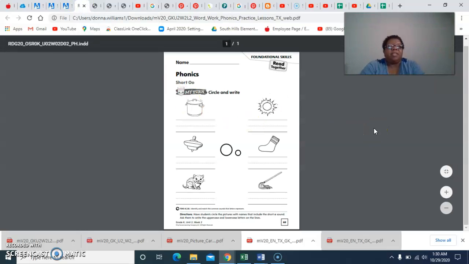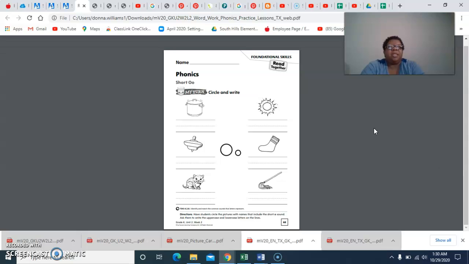Okay, I have a phonics sheet, and it shows different pictures, and they want us to figure out which ones have the ah sound, which is the short O sound. We have the letter O in the middle.